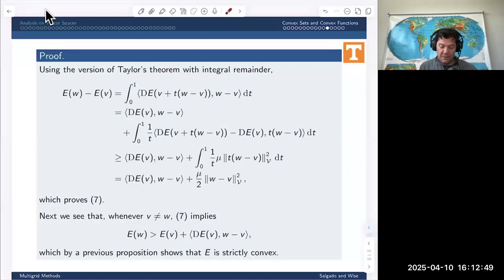And now we just noticed that if 7 holds and v and w are not equal to each other, then this thing is always strictly positive. So if I can keep going with this inequality, I can replace this term by it's greater than 0. And if I do that, then 7 directly implies that I have this sort of thing. And by a previous proposition, this right away shows that I have a strictly convex function.